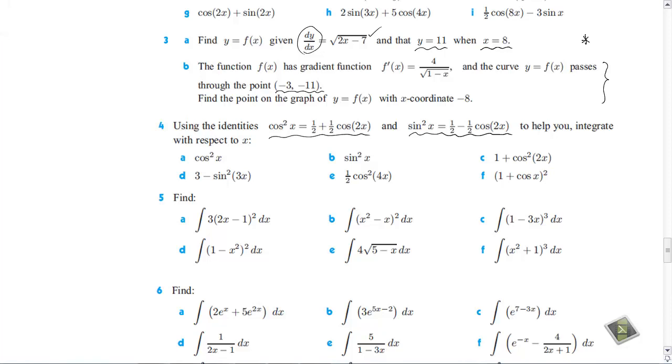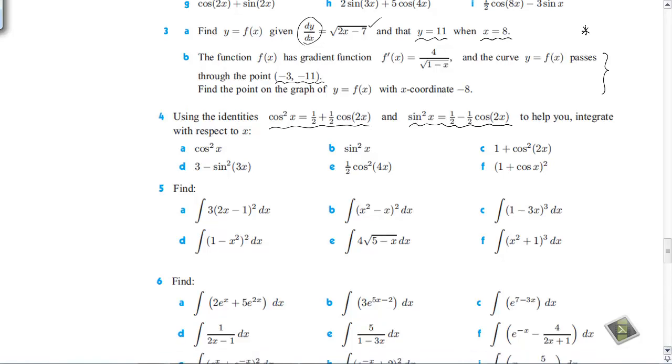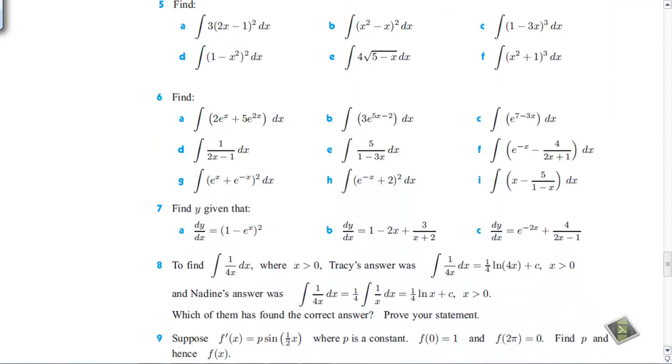So you can play with those. There's question 4 and 5, a little bit of E work in 6 and 7. Just remember, if you have a derivative and you want to go back to y, that's called integration, anti-differentiation if you like.